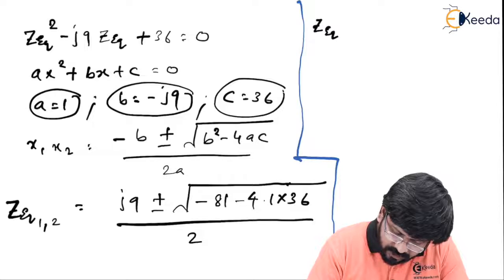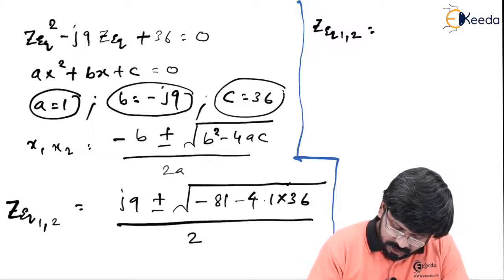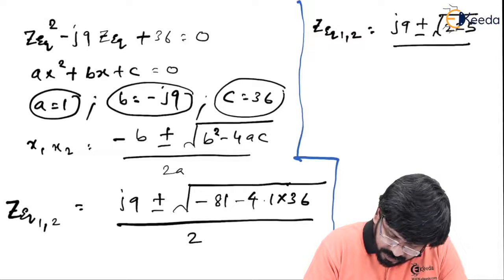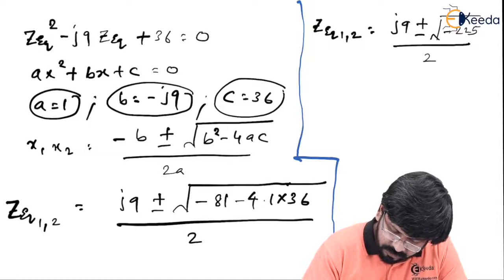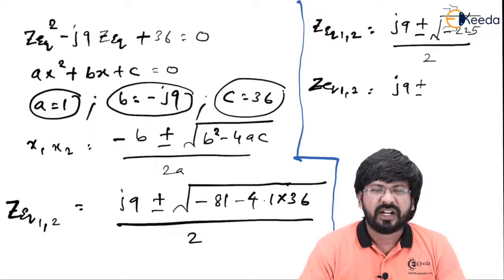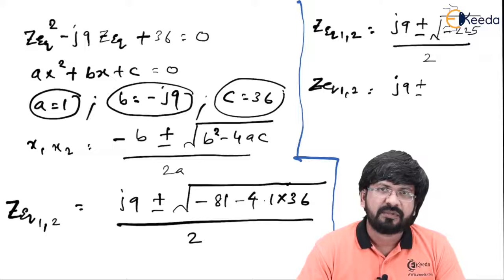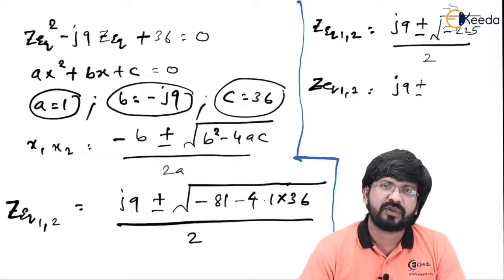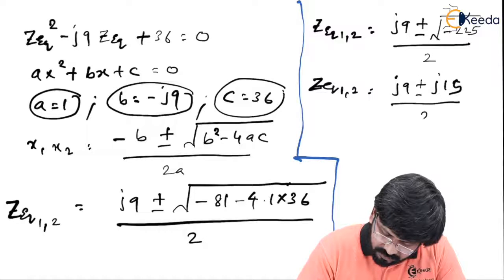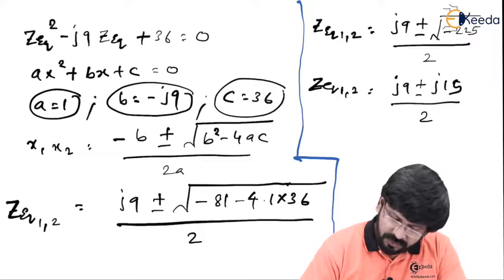So z equivalent 1, 2 is equal to j9 plus minus, under root of minus 225, divided by 2. If you take under root of 225, it is plus minus 15. But if you take under root of minus 225, it gives you plus minus 15j, because root of a negative number introduces an imaginary term. This becomes j15 divided by 2.